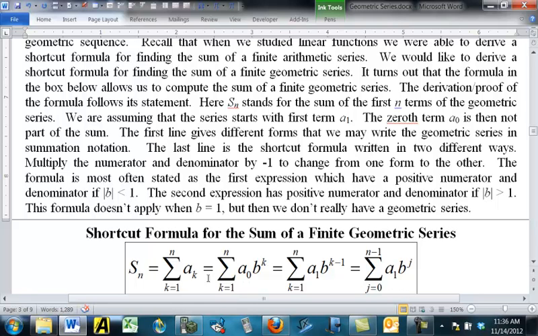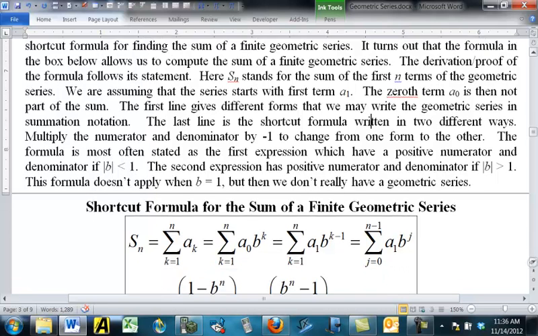Another way to write a sub k is a sub 0 times b to the k, if you figured out this non-existent 0th term. Or it's a1 times b to the k minus 1, which is a formula we just used above. And here you can change the sum. If you go from 1 to n, you can also go from, say, 0 to n minus 1, and now the power j is k minus 1, so the power is just j here. So those are different ways that we can do it.